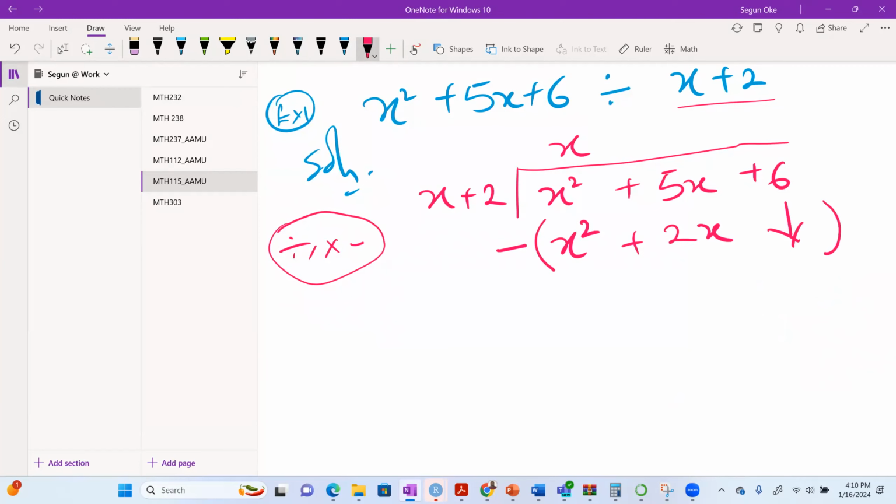This will still come down. But now we need to deduct this from this. That is, x squared minus x squared is equal to 0. Because this negative will affect this positive, we're going to have 5x minus 2x, which is plus 3x.